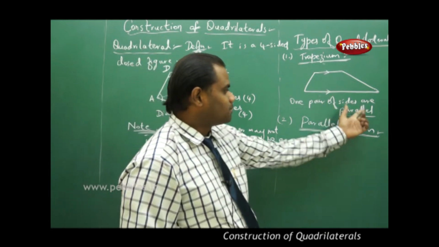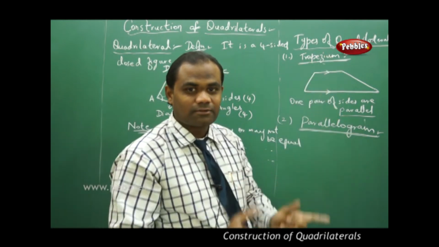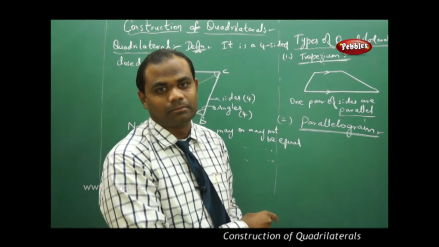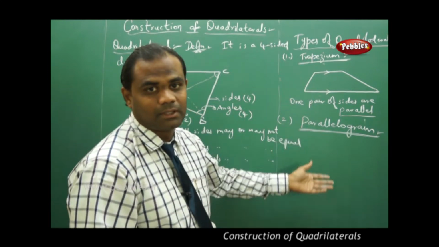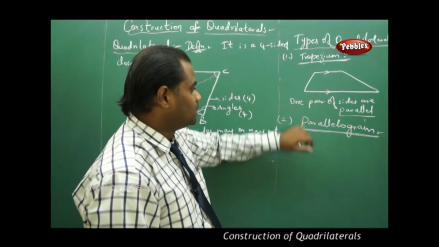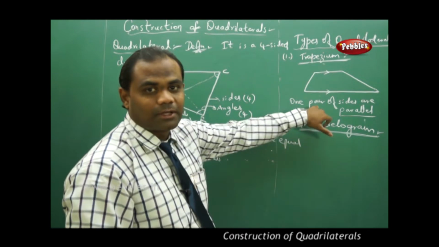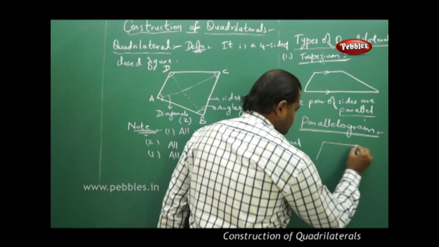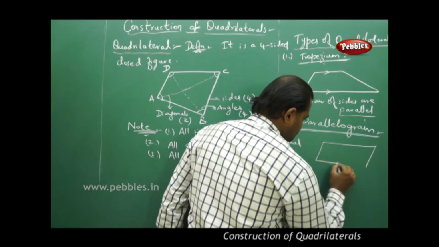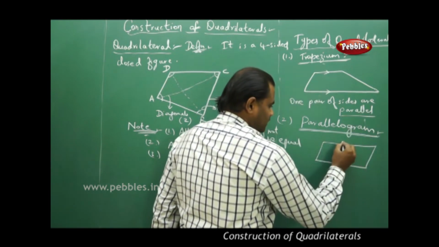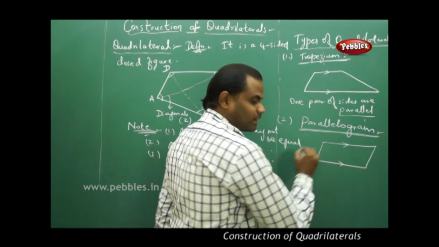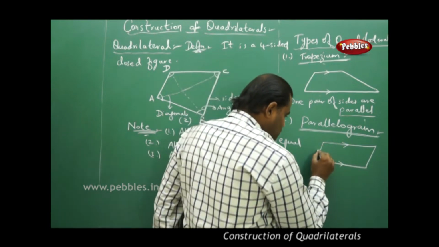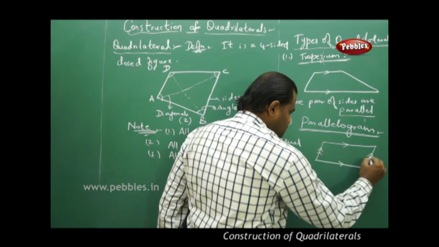So one pair of sides parallel is a trapezium, two pairs of sides parallel is a parallelogram. It has been derived from trapezium, but the additional condition being that instead of one pair, two pairs of sides must be parallel. So as I find, this is one pair which is parallel, and this is also the next pair which is also parallel.